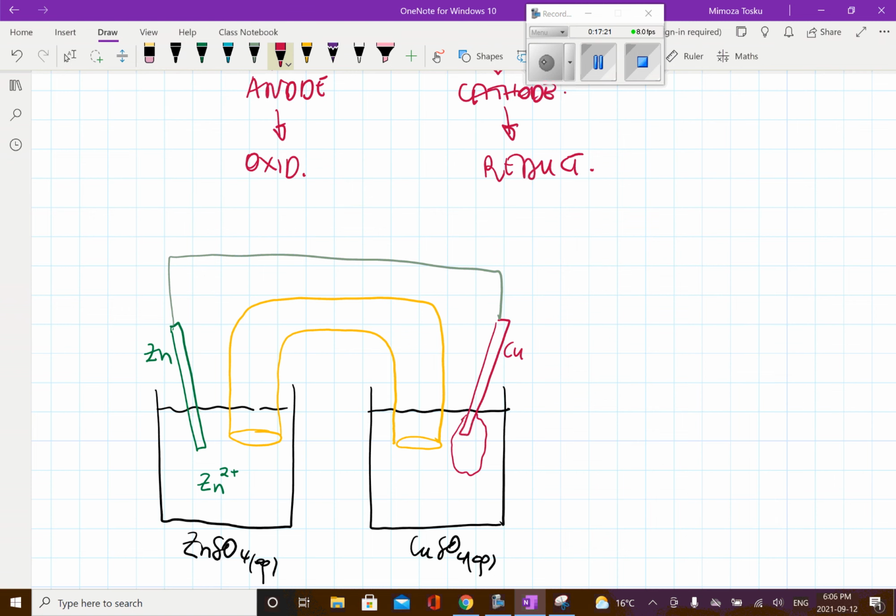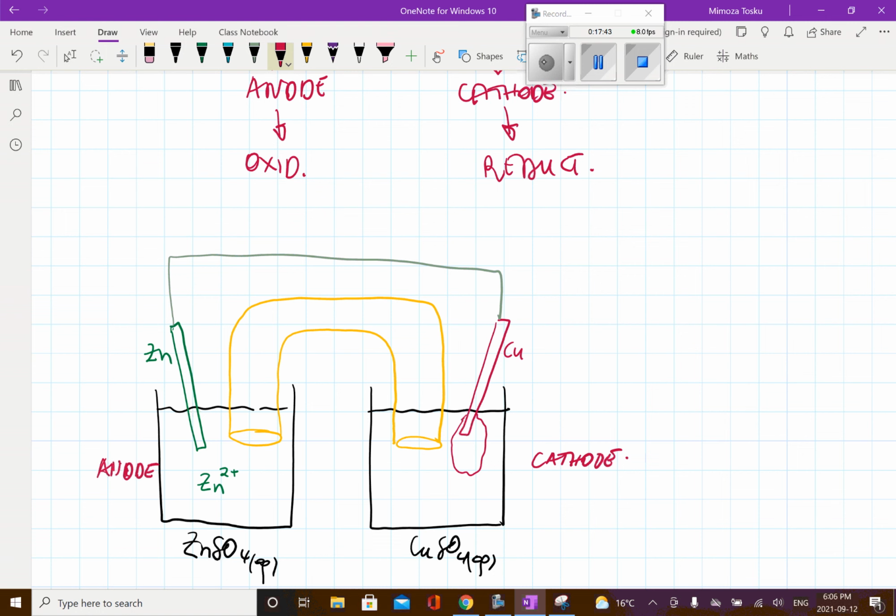If we leave it like this, we will end up with nothing in the anode to produce electrons to go to the cathode.